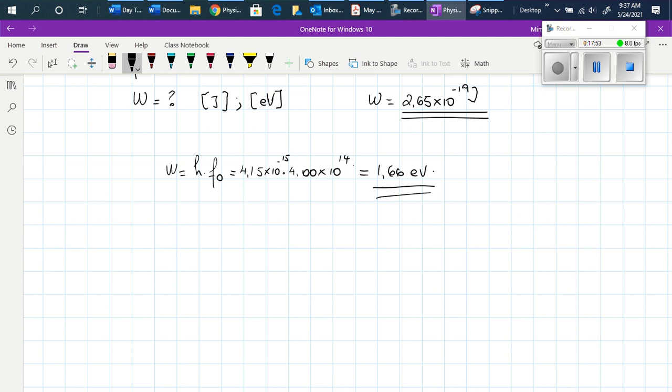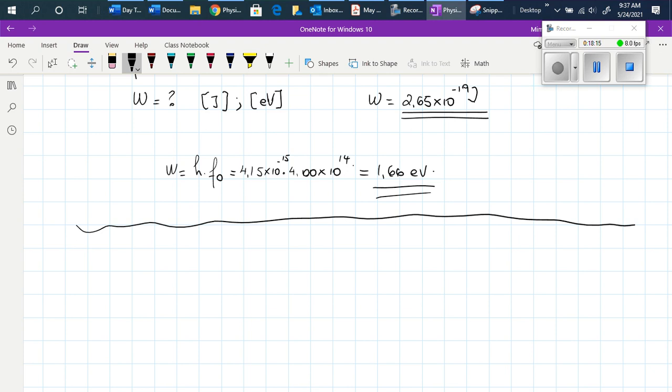Now let's see another example. If the work function of a metal, and each metal has a specific, unique work function because it has a unique configuration of the electrons, which makes the binding energy of the electrons in the atom a unique one.